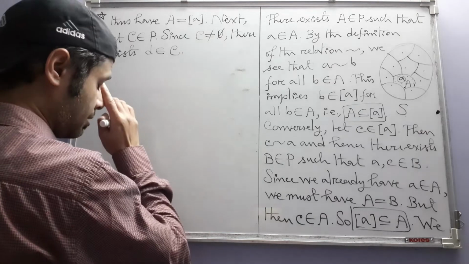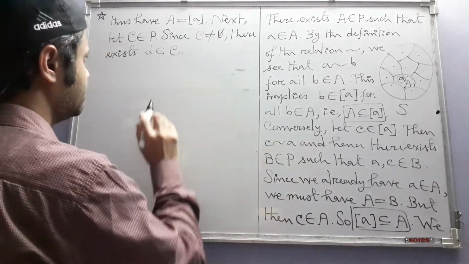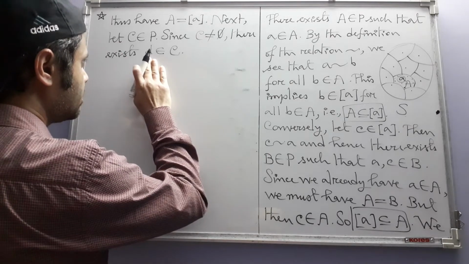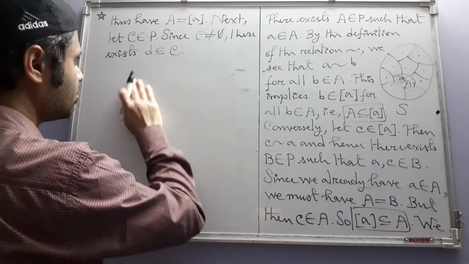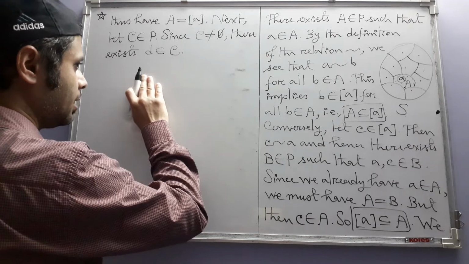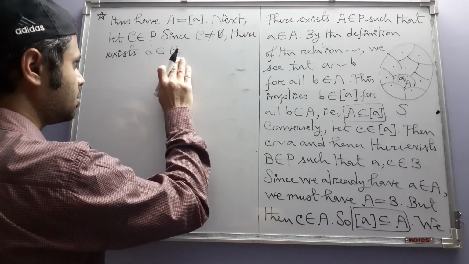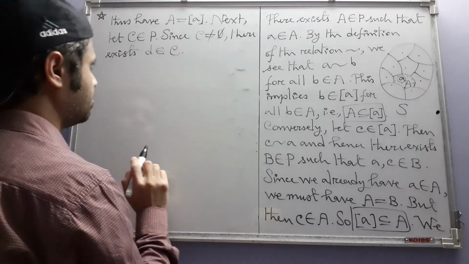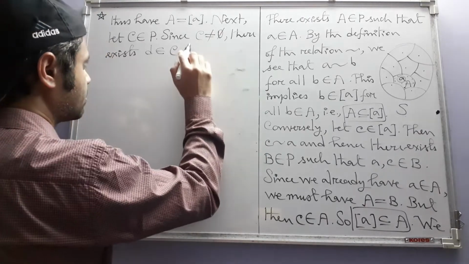Okay, so for that we have to proceed just like this. The only difference is that instead of now starting with an equivalence class and an element in that class, we have now started with a set in the partition and an element in that set.